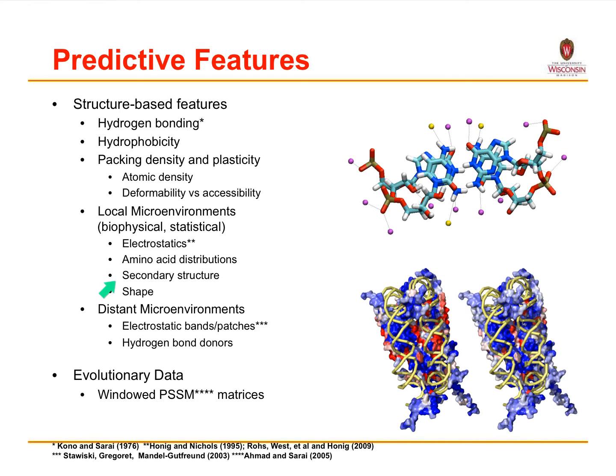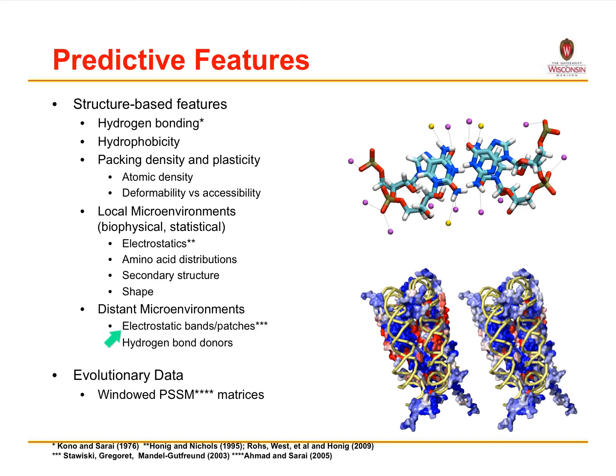You can also look at secondary structure microenvironments, how much of my neighborhood is part of a beta sheet, and also shape microenvironments. We also looked at some banded features: microenvironments that were not within, say, 5 or 6 angstroms of our amino acid, but maybe were a little bit more distant.